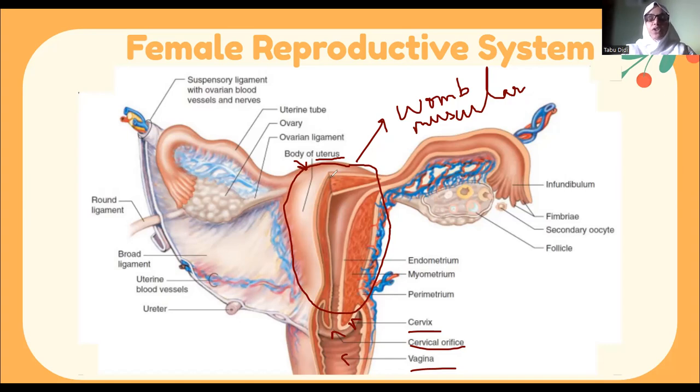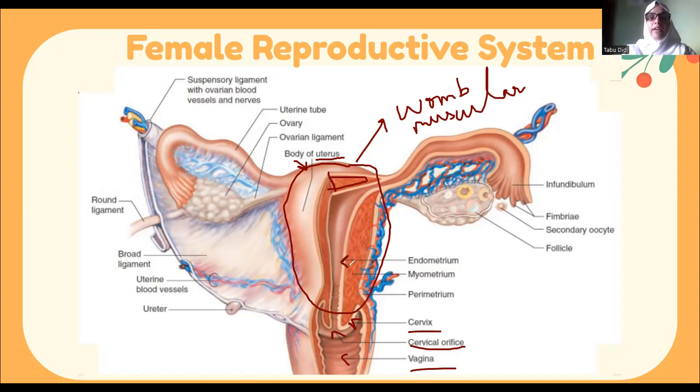You can see a cross section of how it looks from inside. These are the muscles, and you can see there is one thick lining, and then you have the muscle over here. So basically, the uterus has 3 linings. Let's focus on the lining first.